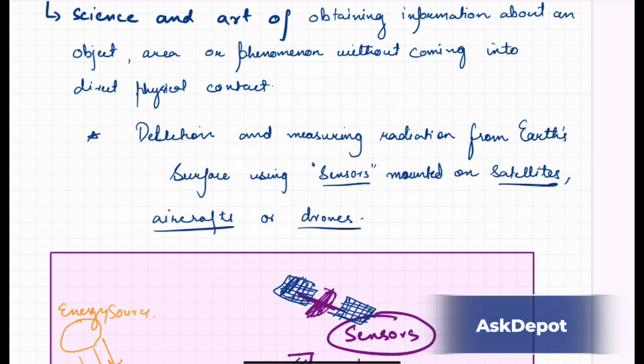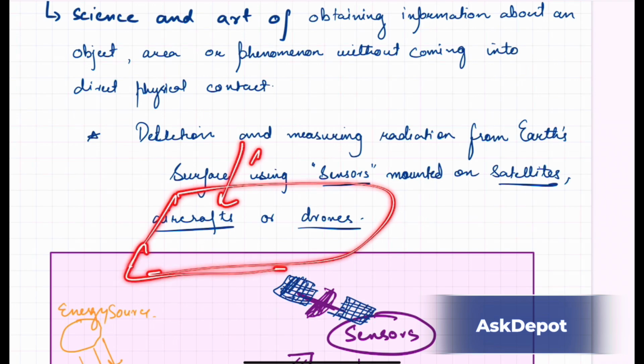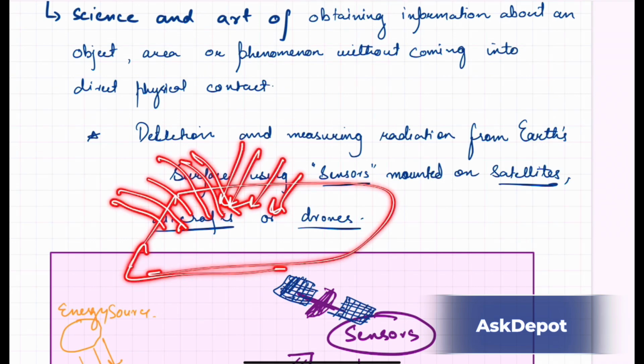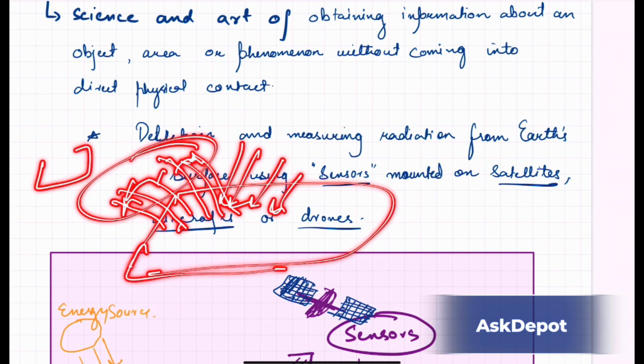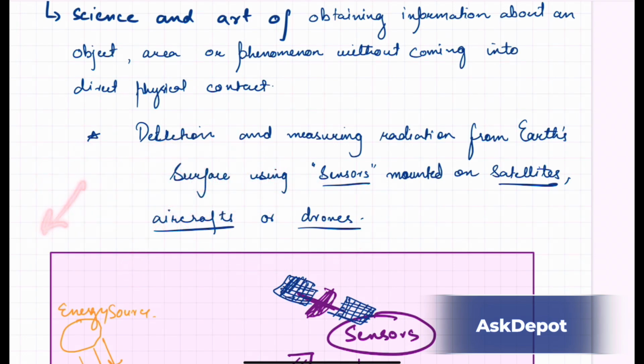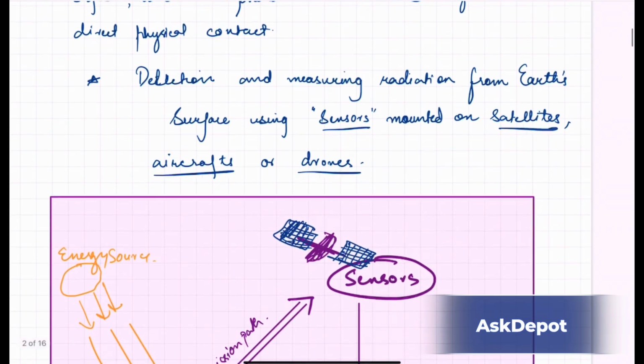Similar is the case with remote sensing technology. The light rays that fall on the object, for example a patch of forest, are reflected back and radiated back. Some are absorbed, obviously, but some are reflected back. These reflected radiations are detected by the sensors, and then processed into information. So this is the basic idea.